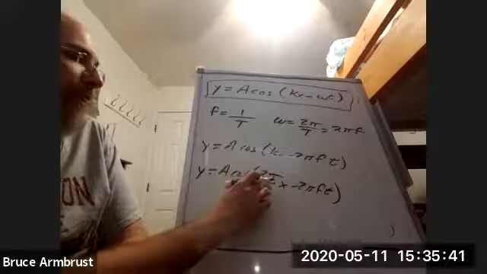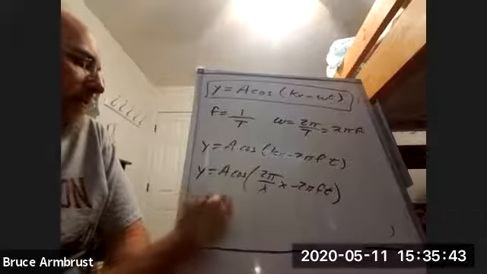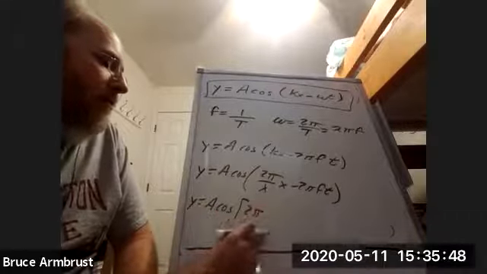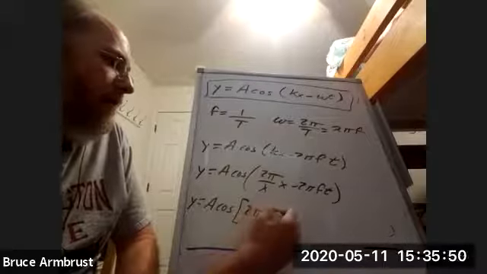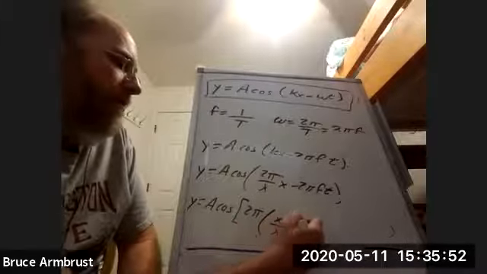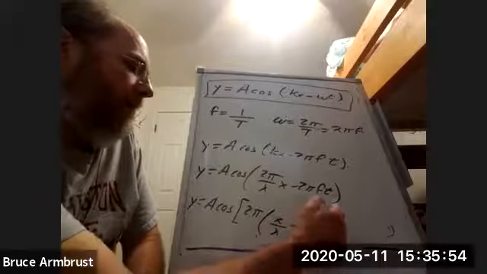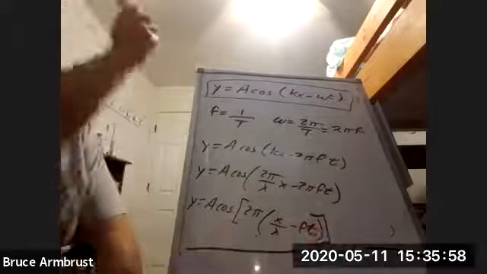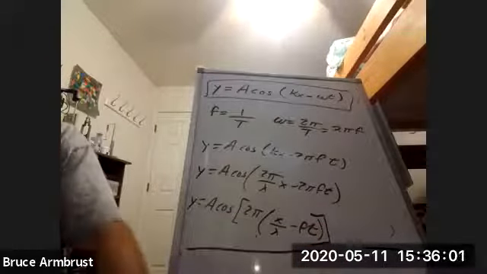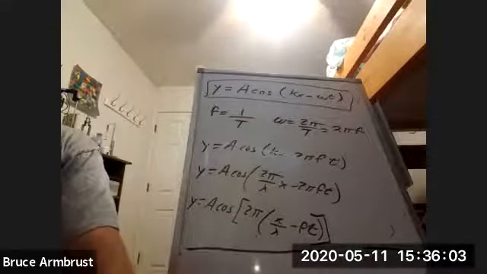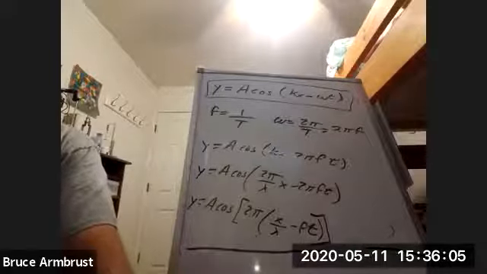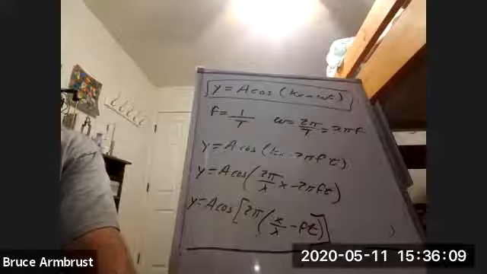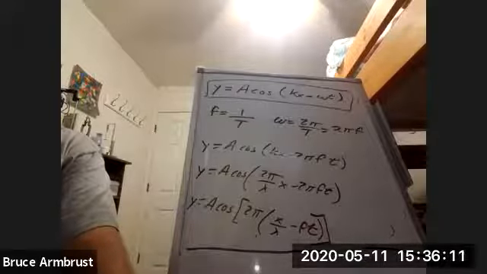So I can pull out that 2 pi and get cosine of 2 pi times x over lambda minus f times t. And now this is in terms of only linear quantities as opposed to angular quantities.